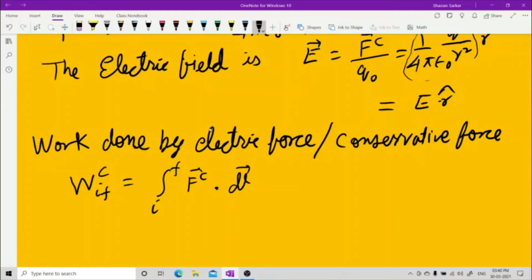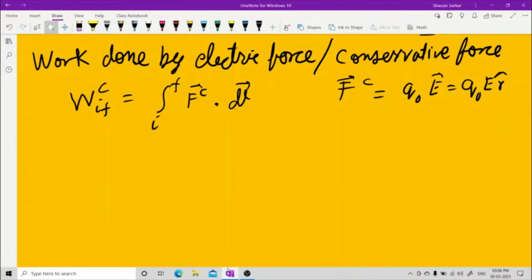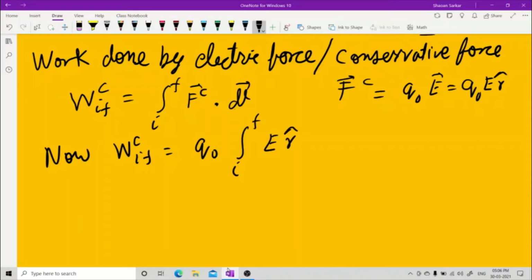What is Fc? Fc is nothing but Q naught E vector, and E vector is E R cap. So W conservative from initial to final is Q naught times the integral of E R cap dot dl.